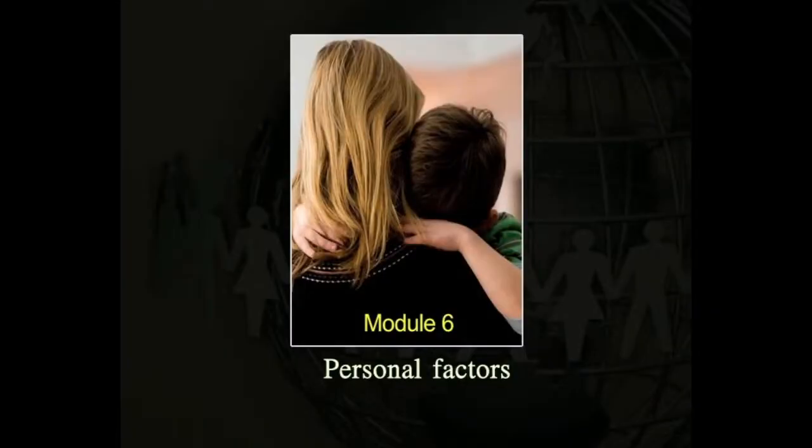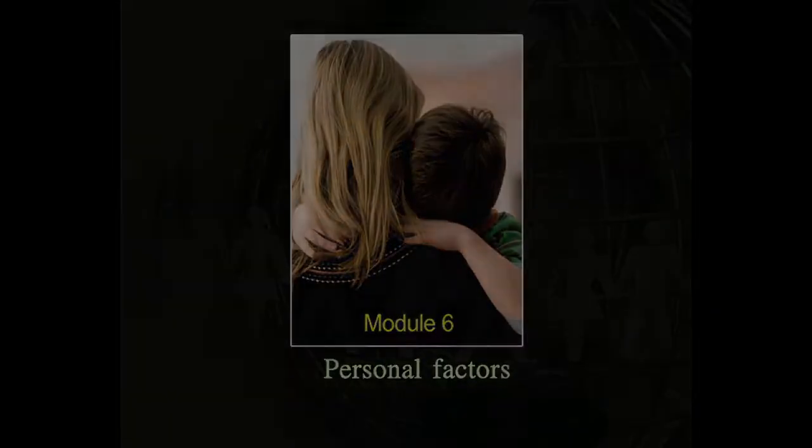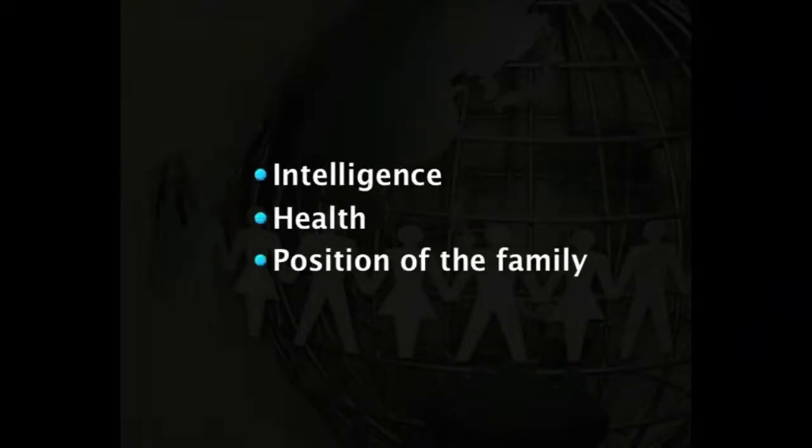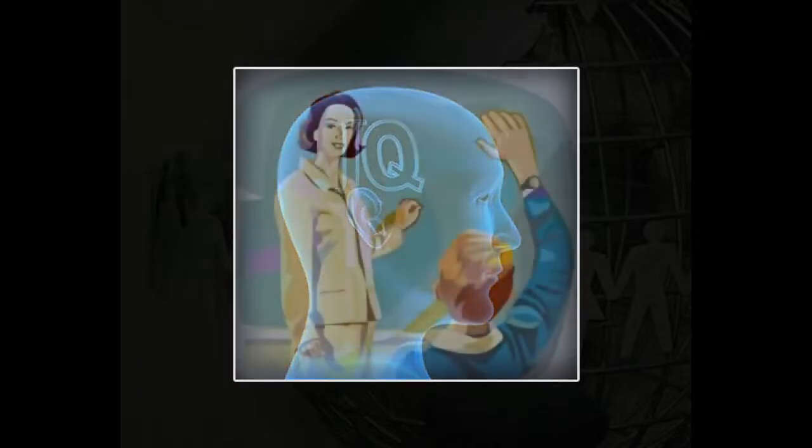After seeing the environmental factors, now let us move on to see the personal factors. Personal factors include intelligence, health and position in the family. Intelligence. Intelligence is a component of development, but is also a critical factor that affects development.